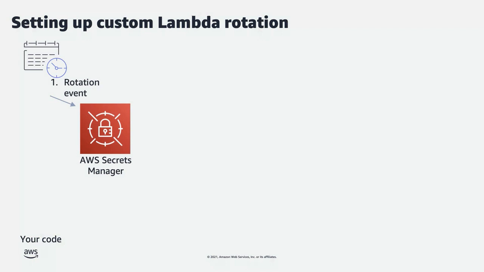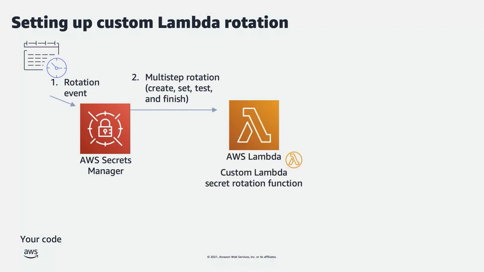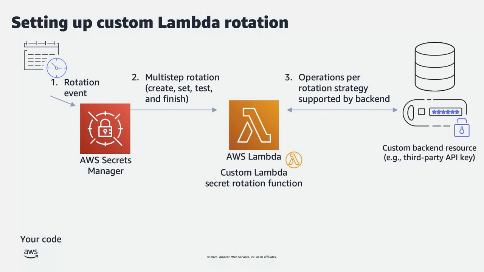From here, we have a rotation event. Let's say your 90 days come up where your secret needs to be rotated. That's going to cue AWS Secrets Manager to start the multi-step rotation where it's going to create, set, test, and finish with this AWS Lambda function. It's a custom Lambda function that you write so that you can connect to your backend resource. This could be a third-party API key or a database that is not already integrated with AWS Secrets Manager.